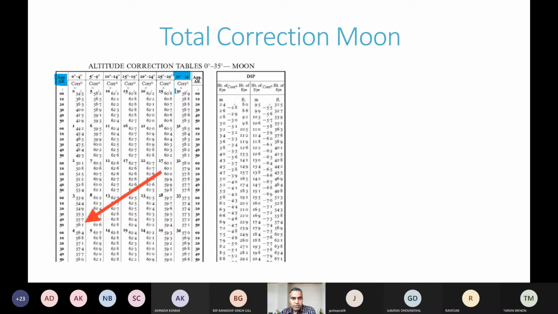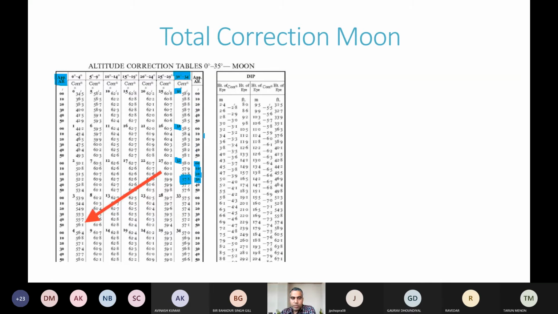For 32 degrees, you enter into this column, 30, 31, 32, and the minutes are 30 minutes. So with 32, you see 00 minute, 10 minute, 20 minute, 30 minute. So for 32 30, the value is 57.8. That is the first correction. It is known as the main correction. So this is the first correction for altitude correction of moon, the main correction. So in this case, it is plus 57.8 minutes.